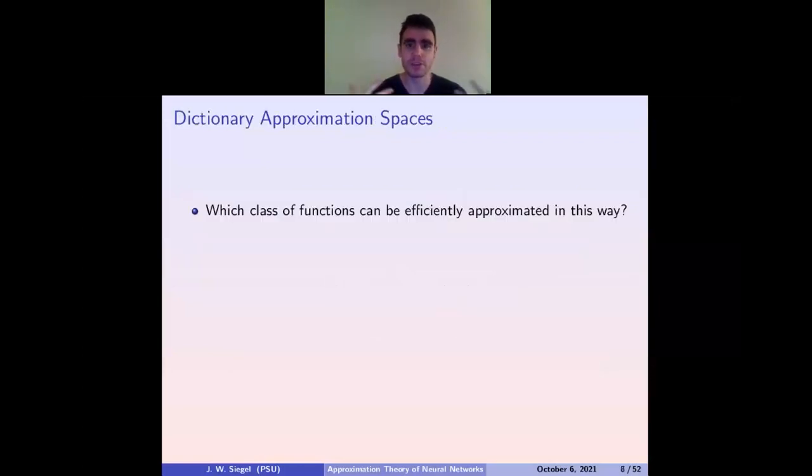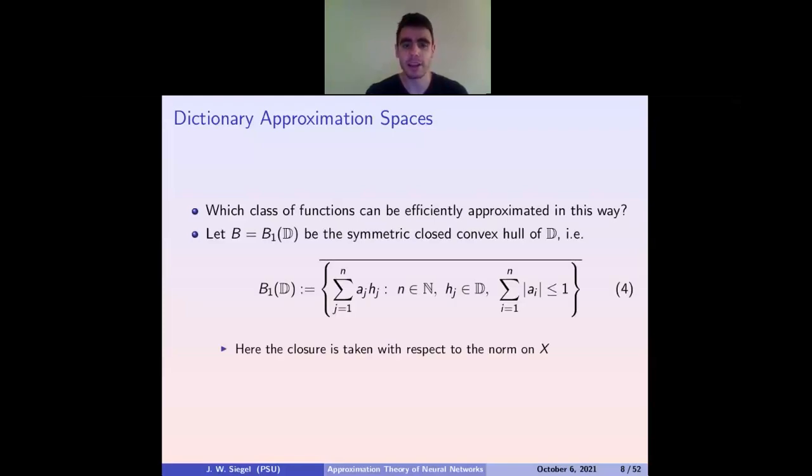So again, the question is, which class of functions can be efficiently approximated using these nonlinear dictionary expansions? The class of functions we're going to consider is basically the convex hull of plus or minus the dictionary.